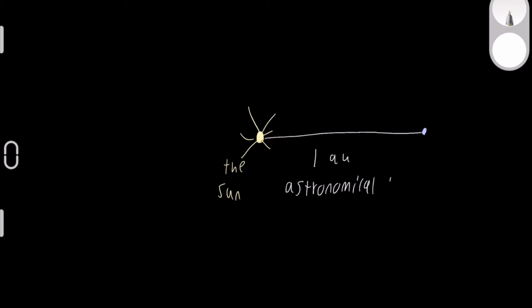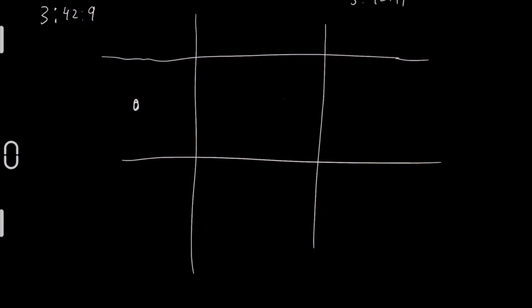Now, if you then take out your camera, your telescope or whatever, and let's say your telescope has pixels that can each fit 1 arc second of the sky. And your star is on the left side of your detector.